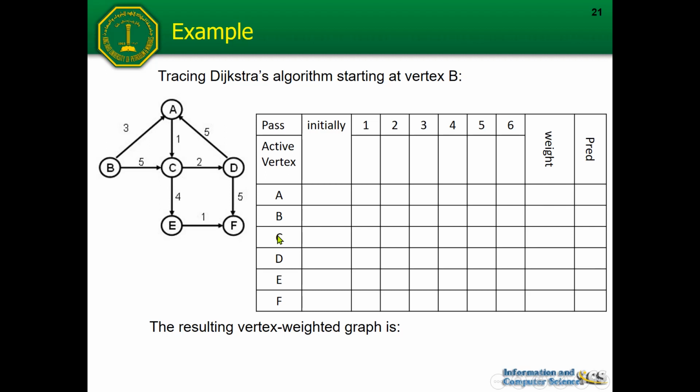For example, in this row, if you write the weight, that will be the weight from C to the starting vertex. Our starting vertex is B. Now, for example, here this column F means that the weight is the weight from the starting vertex B to F. Okay, that will be that weight. Especially the weight is the minimum weight, the shortest path weight.